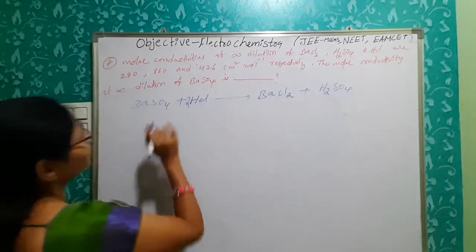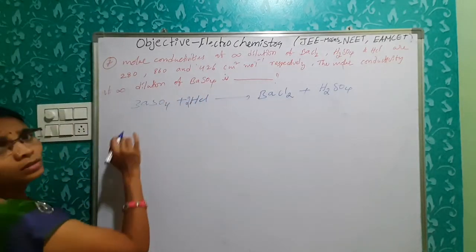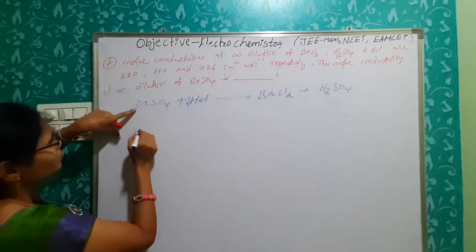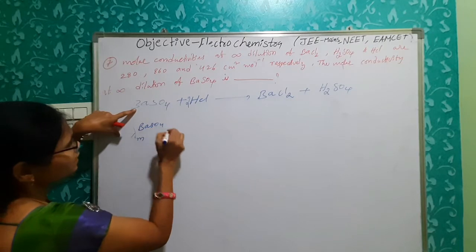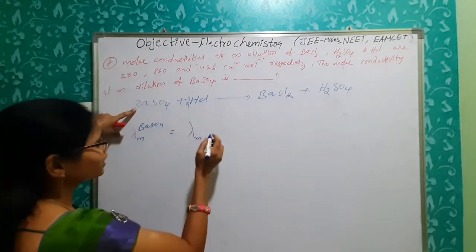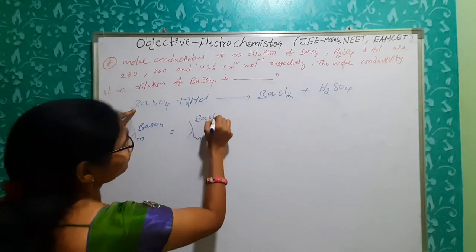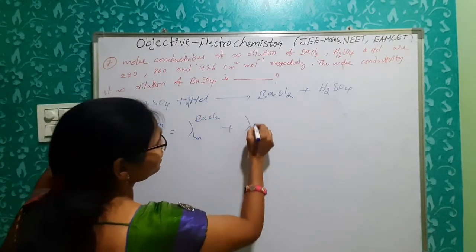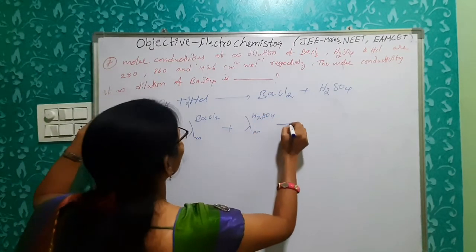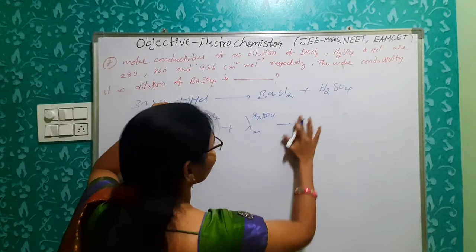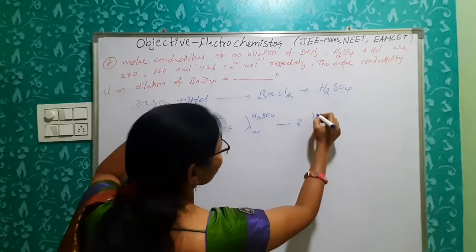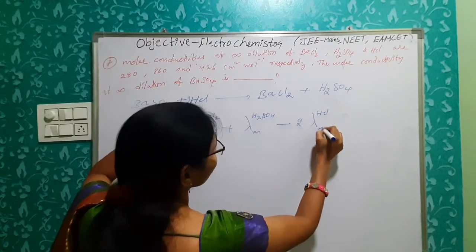Okay. Now see here. Molar conductance of barium sulfate is equal to molar conductance of products minus reactants, no? Barium chloride plus molar conductance of H2SO4 minus molar conductance of how many moles? 2 moles here. 2 into molar conductance of HCl.